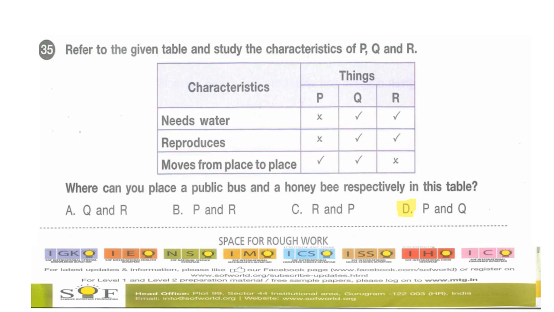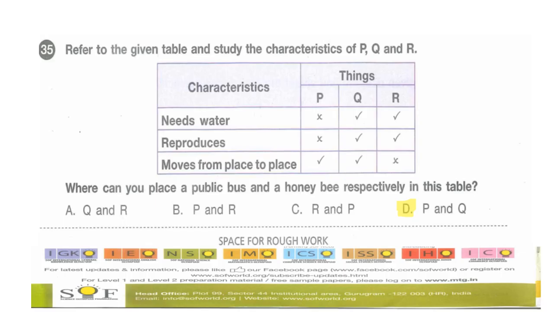Here we have to place the public bus and honeybee under any of the things P, Q and R, and it must also qualify for the characteristics. We know that the public bus and honeybee move from place to place. That means public bus can move from one place to another and honeybee also moves from place to place, correct?